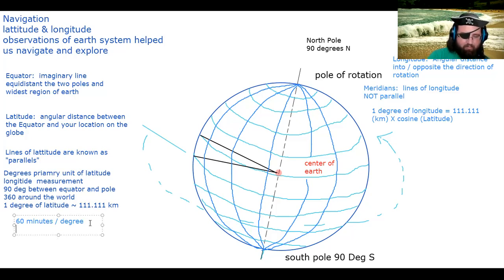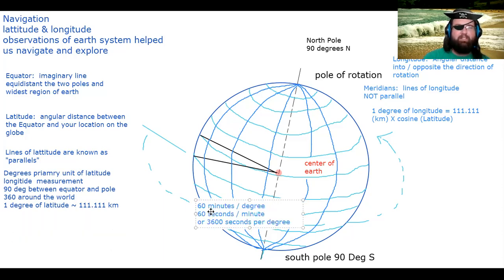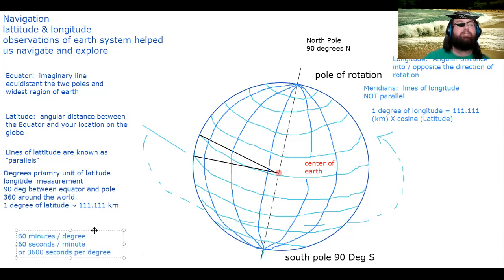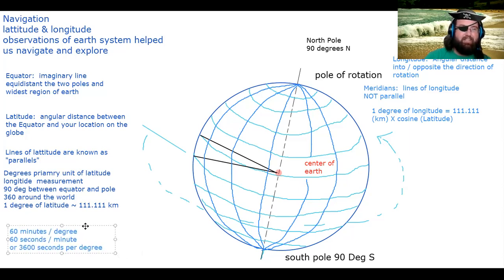So for every minute, we have 60 seconds. So with degrees, minutes, seconds, you can pretty much locate yourself to within a few tens of meters, just using whole numbers. You may wonder, why do we use base 60 for this? Well, there's a lot more numbers that go into 60 than go into 10 or 100. And so it was much easier to use set units before the onset of calculators.